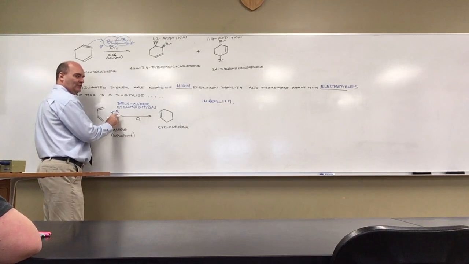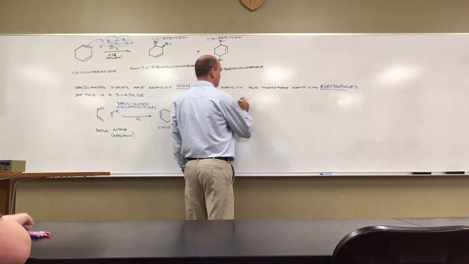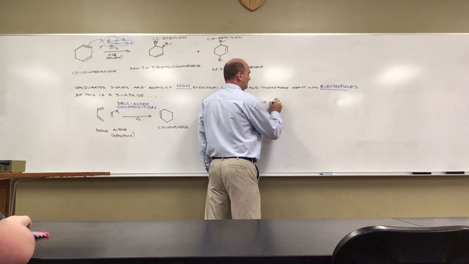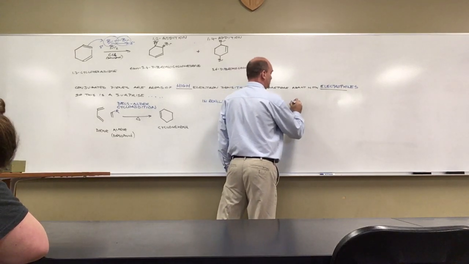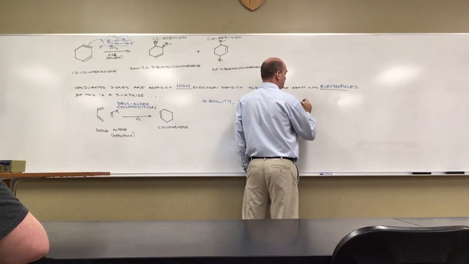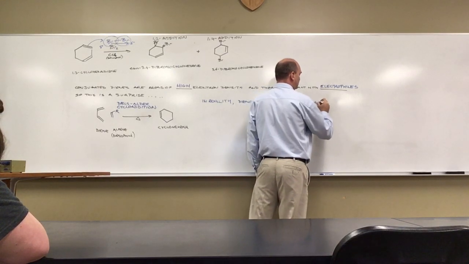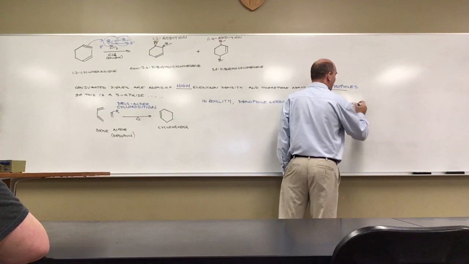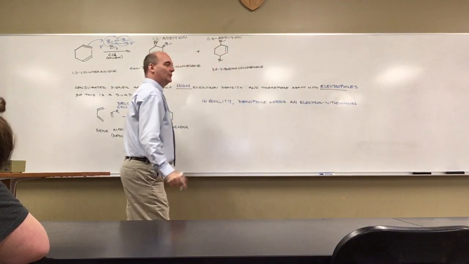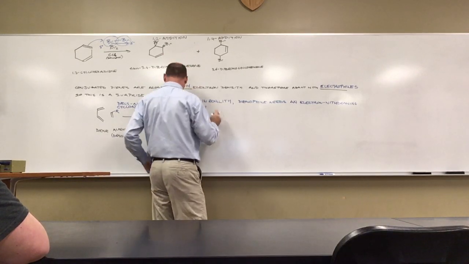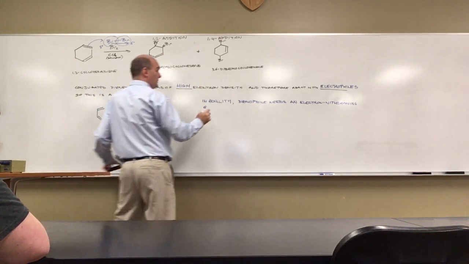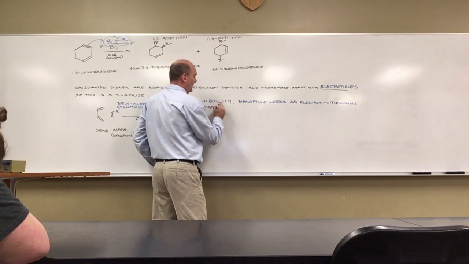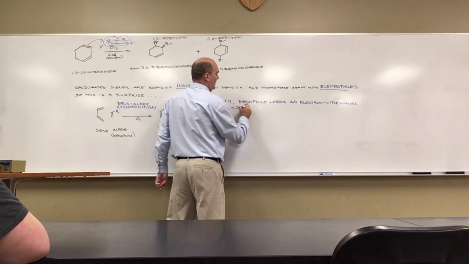We need an R group here. And that R group needs to withdraw electrons. So in reality, the dienophile needs an electron withdrawing group as a substituent.